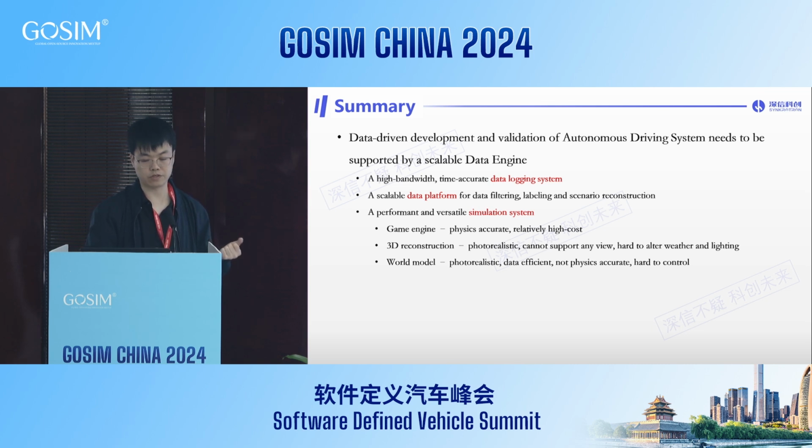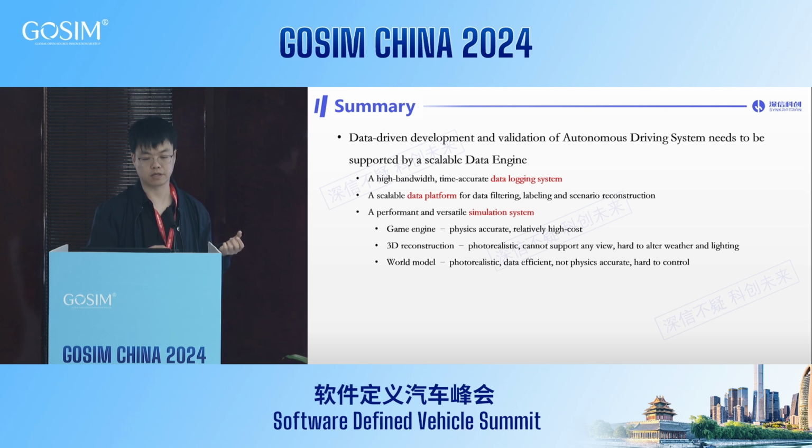It's very data efficient, so it can directly learn from data as long as you give it a large enough amount of data. But at this point, it's not physics accurate yet. So people usually use it to train the perception system, but it's very hard to do testing or validation with it because it's not physics accurate.